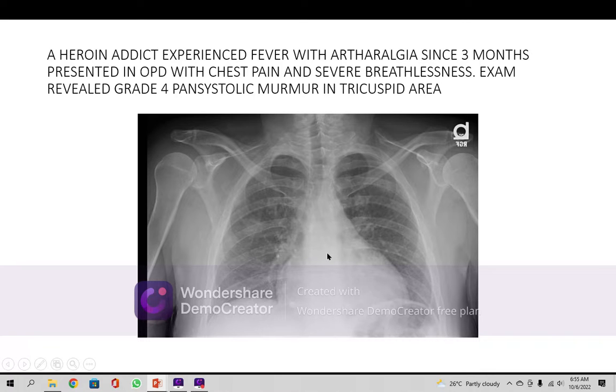Nowadays it is recommended that moxifloxacin can also be beneficial in combination with vancomycin or other antibiotics. As a last resort, if it is not solved by this, you can give linezolid along with the other antibiotics, a triple regimen with linezolid.